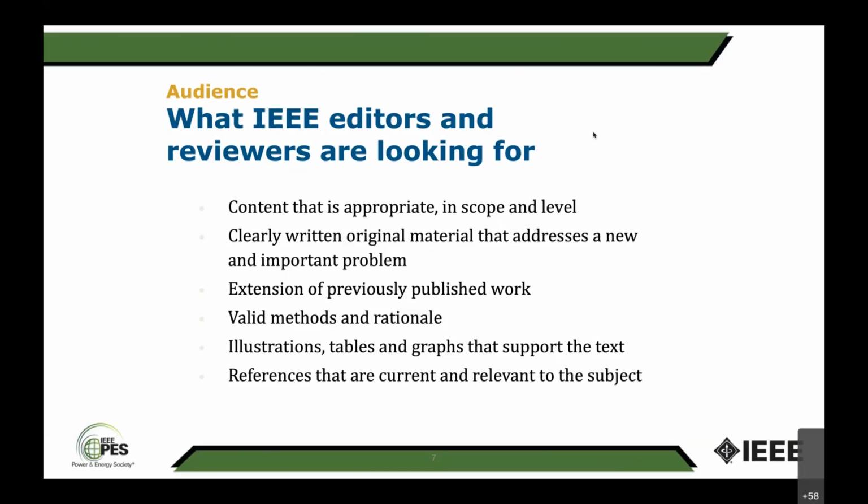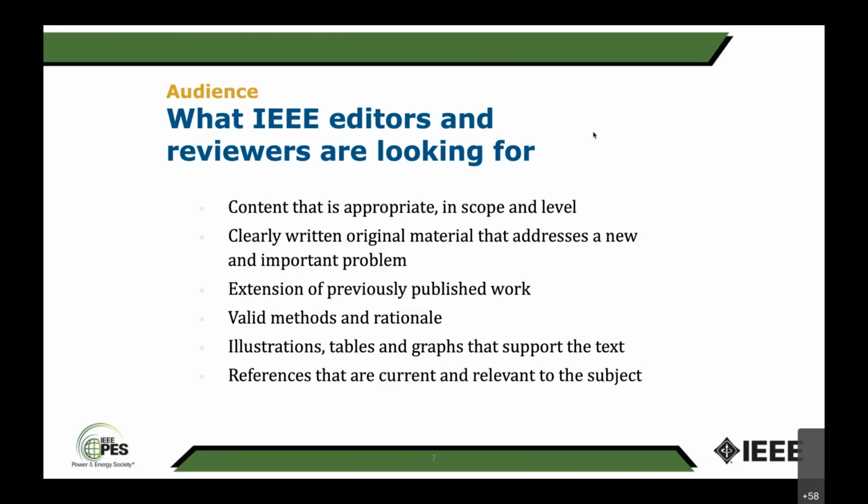Third thing I see here, appropriate scope and level. What do you mean by level? There are many journals of different quality. Like our journal on Smart Grid has an impact factor of more than 10, which is fairly high. There could be other journals on Smart Grid type topics, but with not as high an impact factor, maybe 2 or 3, which is nothing bad with that.